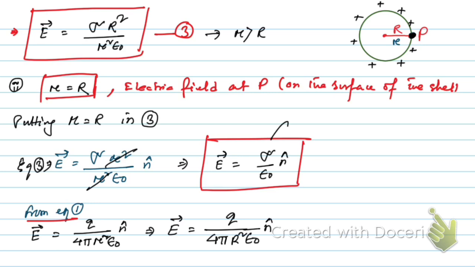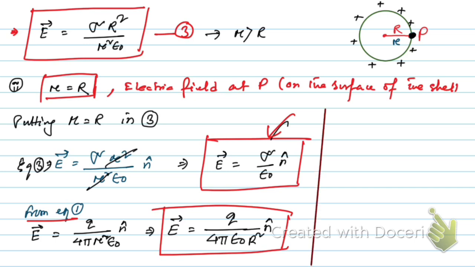So hope you have understood this. Or you can write this way, epsilon naught, here R square. So you can use this expression as well, and this is in terms of surface charge density. Now what will be the electric field for the third case, number 3?